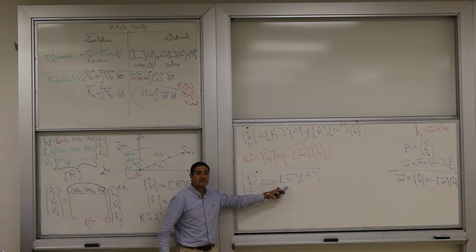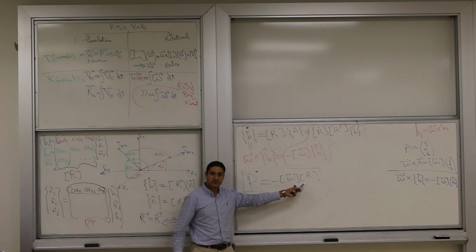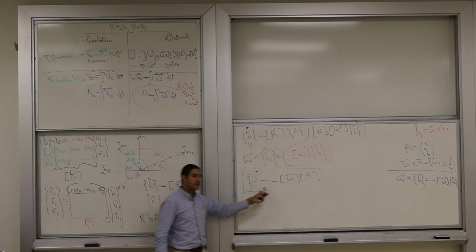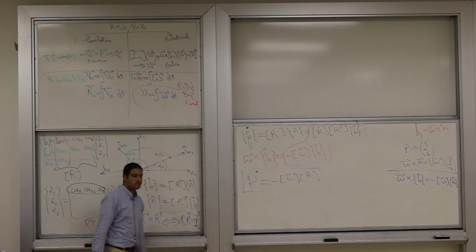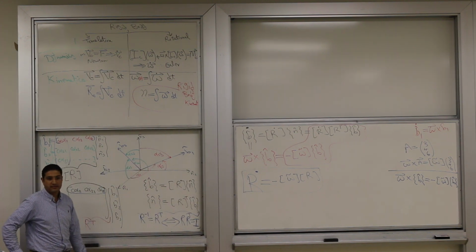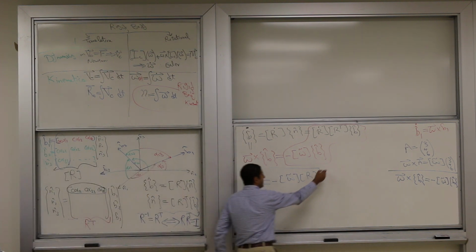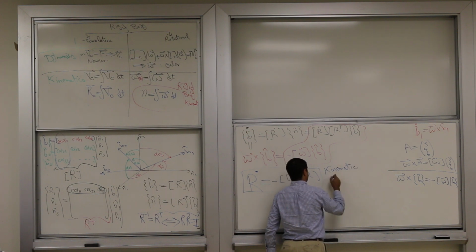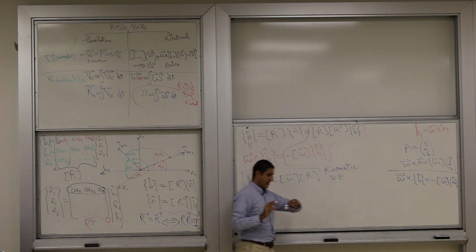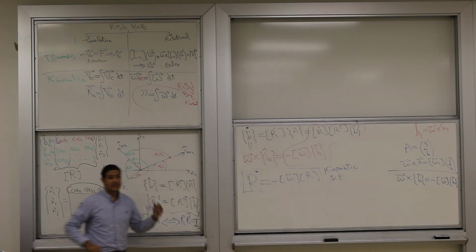Given omegas and the initial attitude R's, angles, I give you how R will evolve with time. Any question about that? This is what we call the kinematic differential equation. I'll show you in a minute how to apply it. Any question?